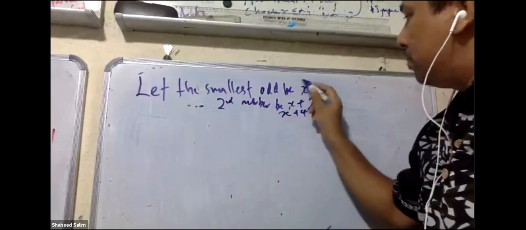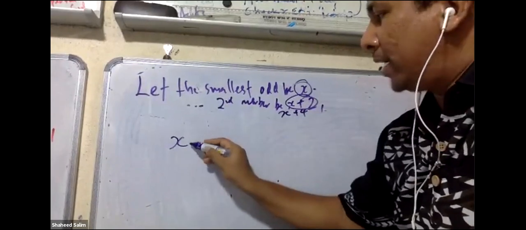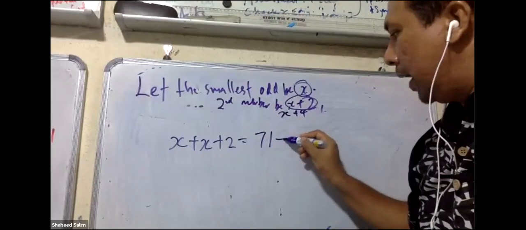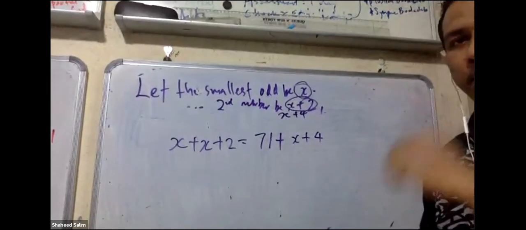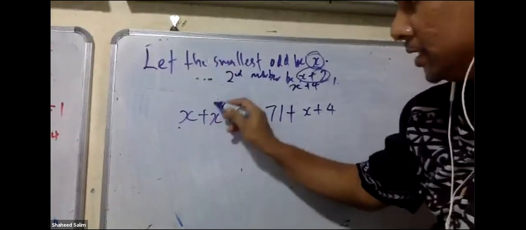So the first number is x, second number is x plus 2. The sum of x plus x plus 2 is 71 more than x plus 4. Do you understand this equation? This is the sum of the first 2. Okay, if you can't see this, I'm going to write it like that.